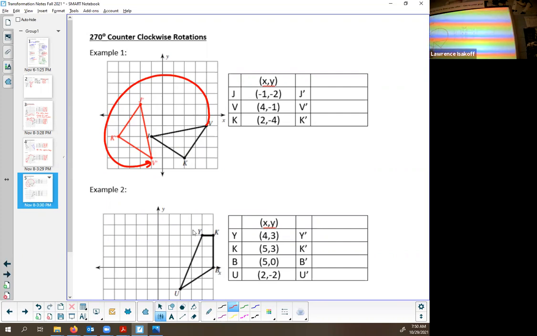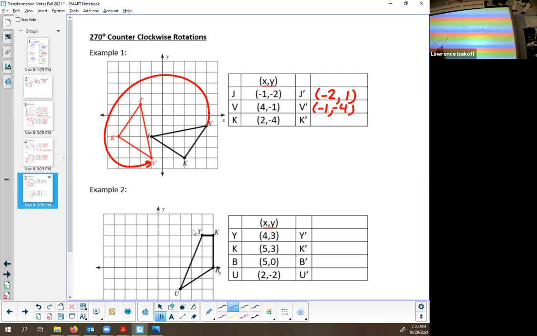So let's see. That new point J prime is at -2, 1. B prime is now at -1, -4.